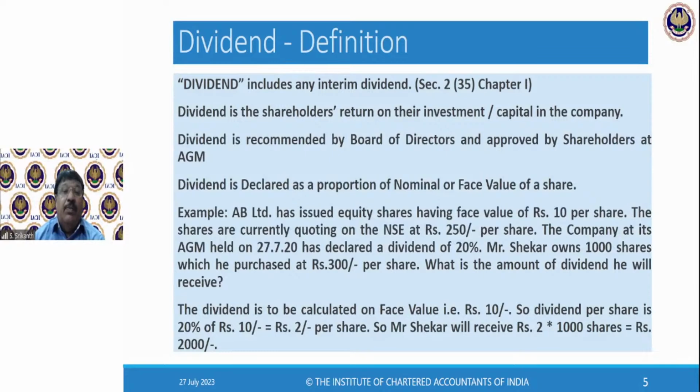Now he is getting 20% dividend. On what? On 10 rupees. Means 1,000 shares into 10 per share, 10,000 into 20%. He will get 2,000 rupees. That is 20% of 10 rupees, which is 2 rupees per share. So for 1,000 shares, he'll get 2,000 rupees.